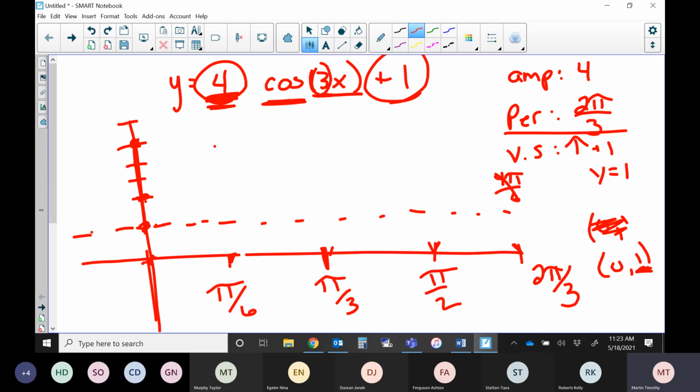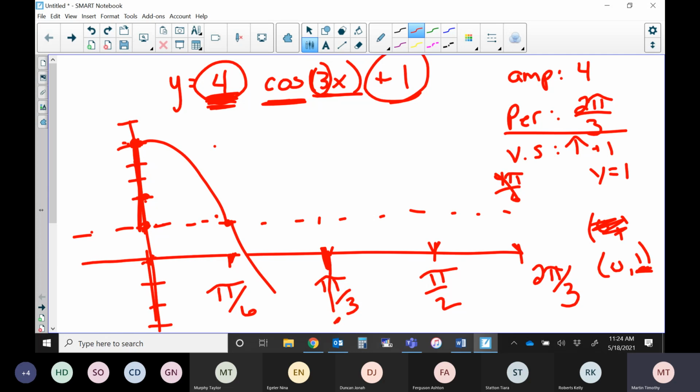So from here to the midline has to be a distance of 4. So 1, 2, 3, 4, because that's the maximum value. The cosine starts at its max. It goes to the midline, so it's going to intersect here. It goes down to its minimum, which would be 4 from it. So 1, 2, 3, 4.